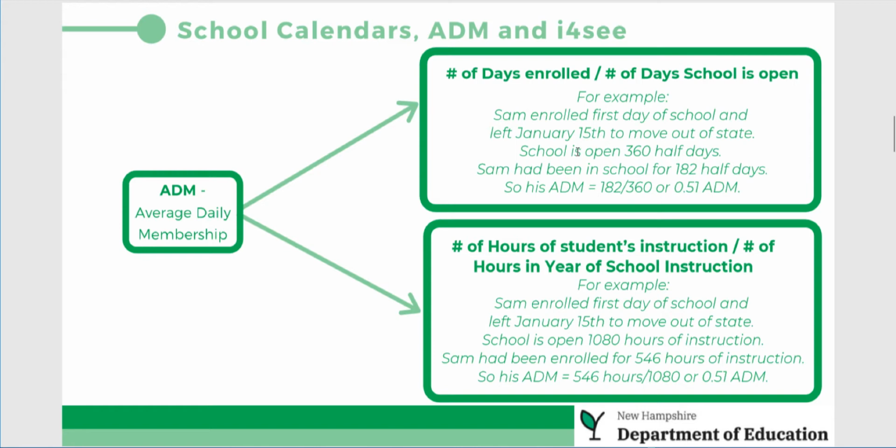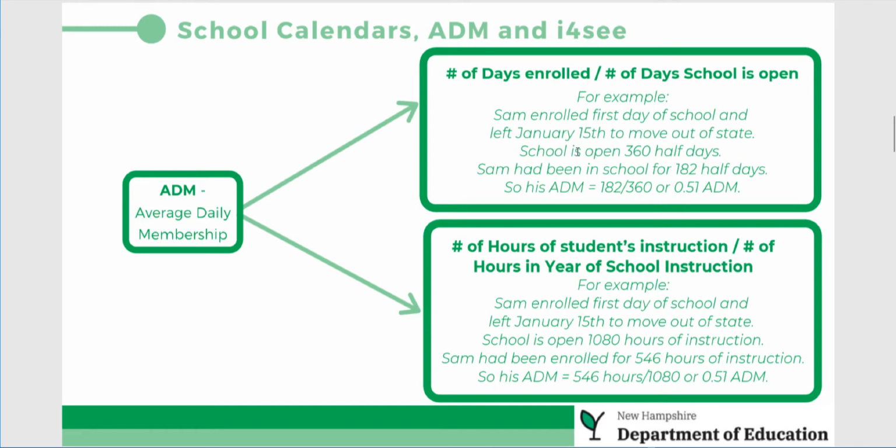And so if the school, for example, we know is open 360 half days, and that's information used to provide through I4C, and we know Sam had started on the first day and left on January 15th, we can calculate that Sam was enrolled for 182 half days during that year. And so by dividing 182 over 360, which equals 0.51, we calculate that Sam's ADM is 0.51. So Sam was enrolled in school just over half the year.